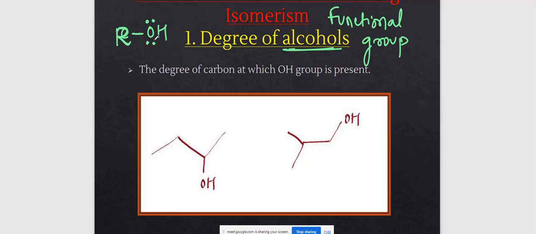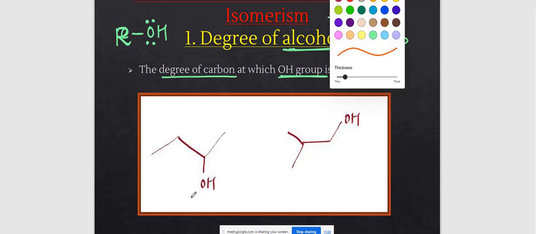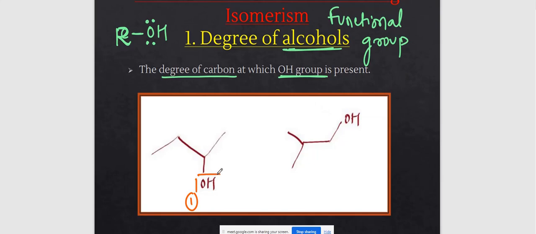Now how do we decide the degree of alcohol? We have to check the degree of the carbon atom at which that alcohol group is present. Take the first example. We have an alcohol group here. This is connected to which carbon atom? This carbon atom, right?